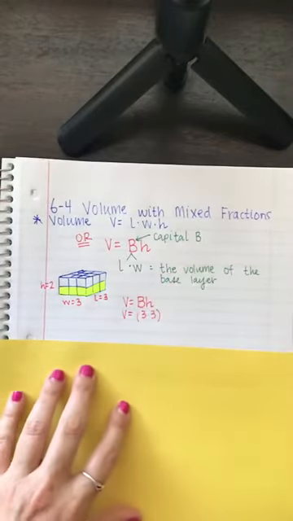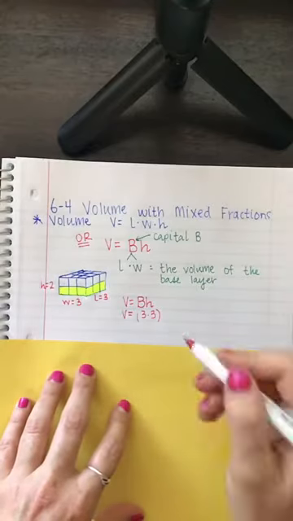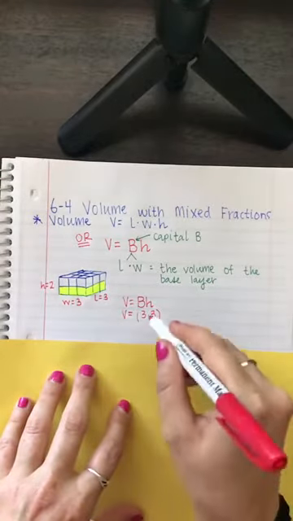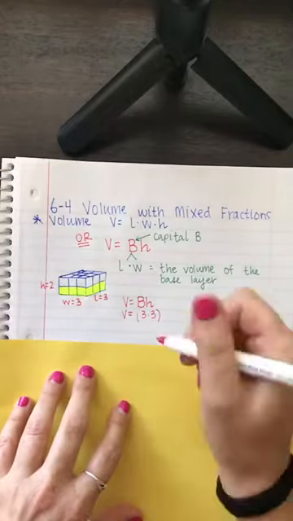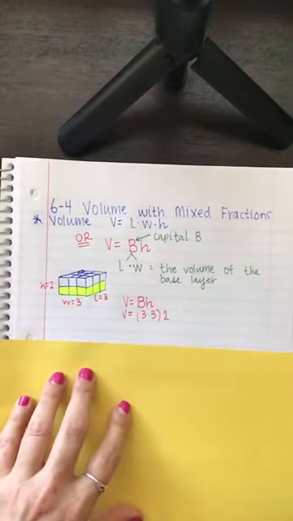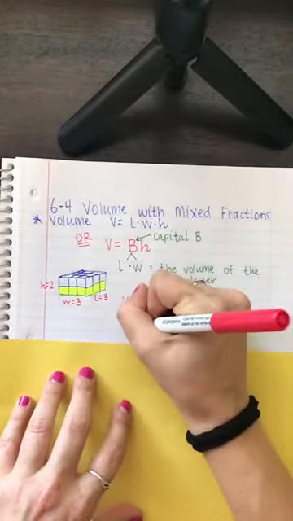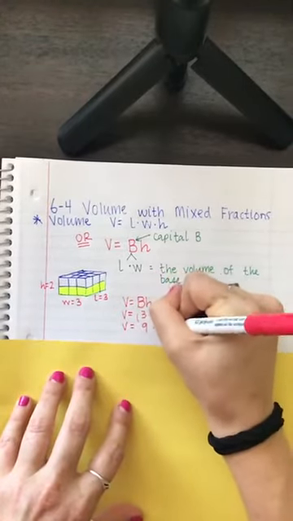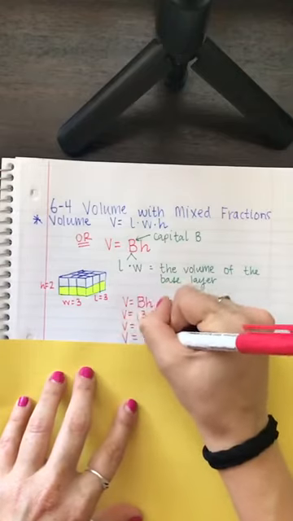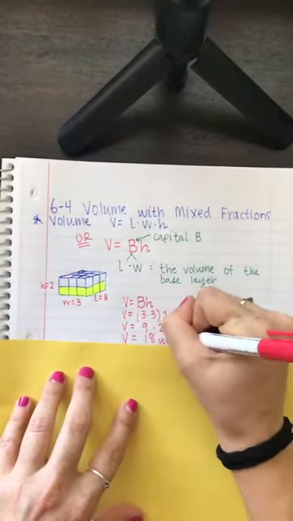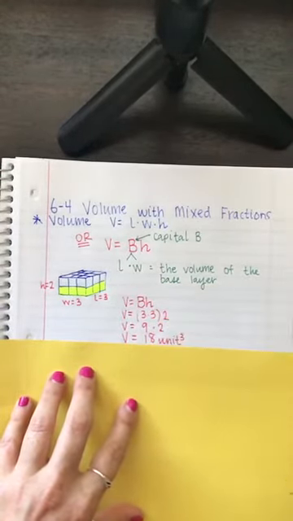I'll put that in parentheses because order of operations tells me that I would do that first. That will give me capital B, the volume of the base, times 2 for my height. Volume equals 9 times 2. Volume equals 18 units cubed.